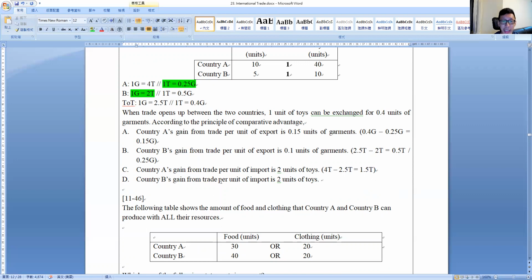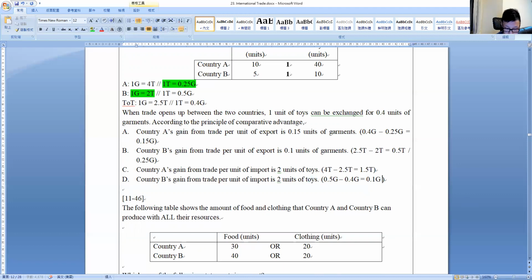And country B, gain per unit of import. They will import toy, right? So the gain will be 0.5 G minus 0.4 G, and that will be 0.1 G. Again, you see, we are talking about toy, not garment.